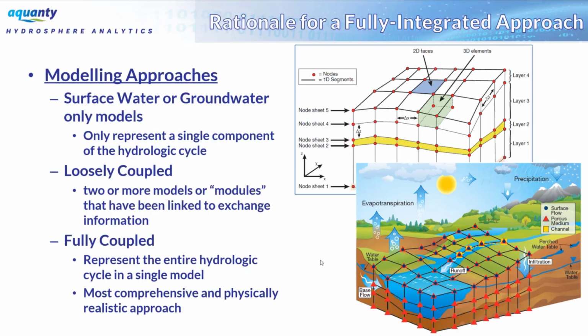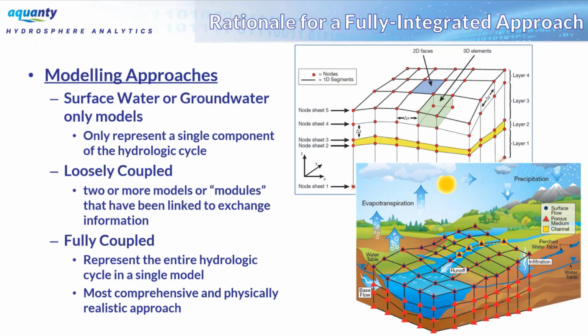We'll start with a very quick conversation about the different types of models that are available on the market and the rationale for a fully integrated approach, which tightly couples the groundwater and surface water systems.